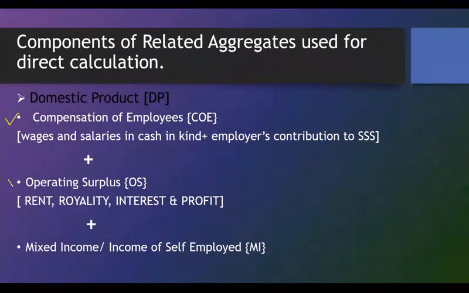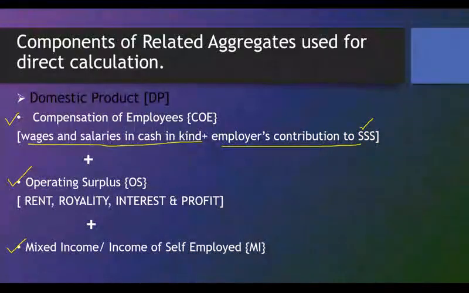So COE, OS and MI. Under COE, what will be added? Wages and salaries in cash and in kind, along with the employer's contribution to social security schemes, like the extra contribution given by the employer for employees' benefit. Then for OS, the operating surplus, rent, royalty, interest and profit will be added.